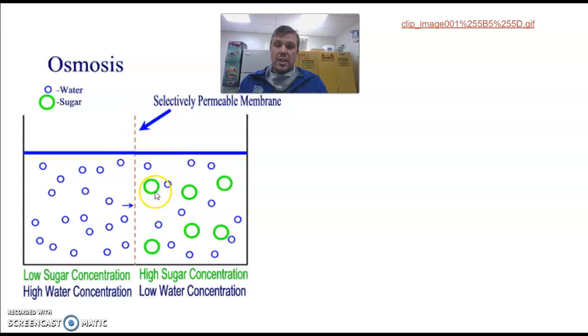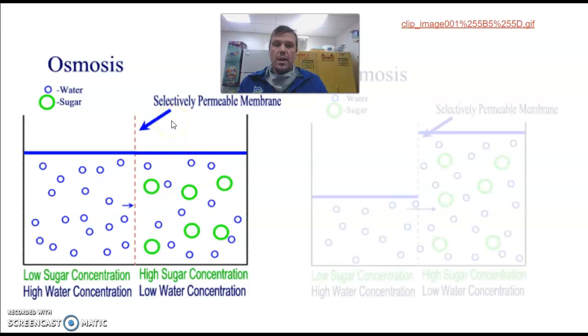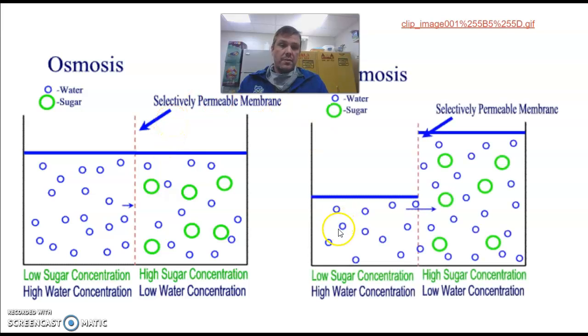Realize that sugar can't cross this, but water can cross this. So the water is going to end up crossing the membrane, and the level on this side will go up. So we've got the diffusion of water across the semi-permeable membrane. What do we call that? That's right, we call it osmosis.